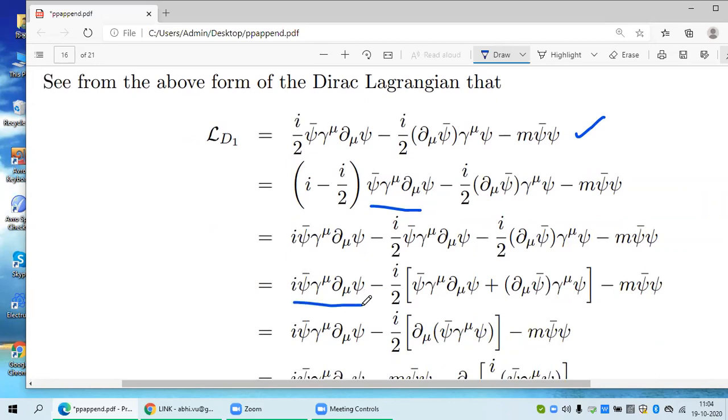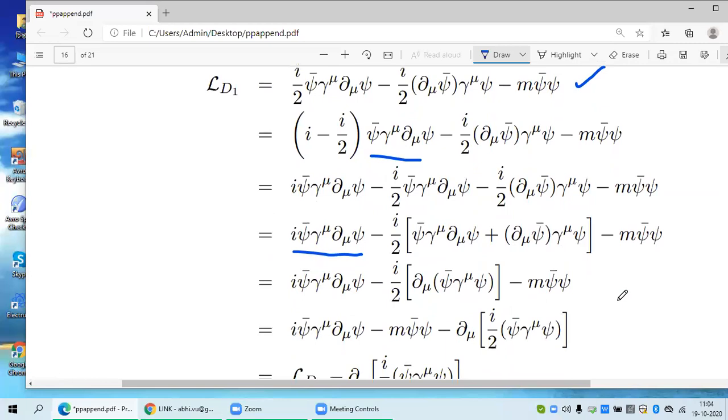Now keep this term and couple these two terms, take minus i by 2 common, and you have this and minus psi. Then you can see that this term and this whole term in the third bracket can be expressed as a total derivative like this, because gamma is a constant matrix. If you differentiate it, in one term you will get this derivative, in another term you will get this derivative. Clear?